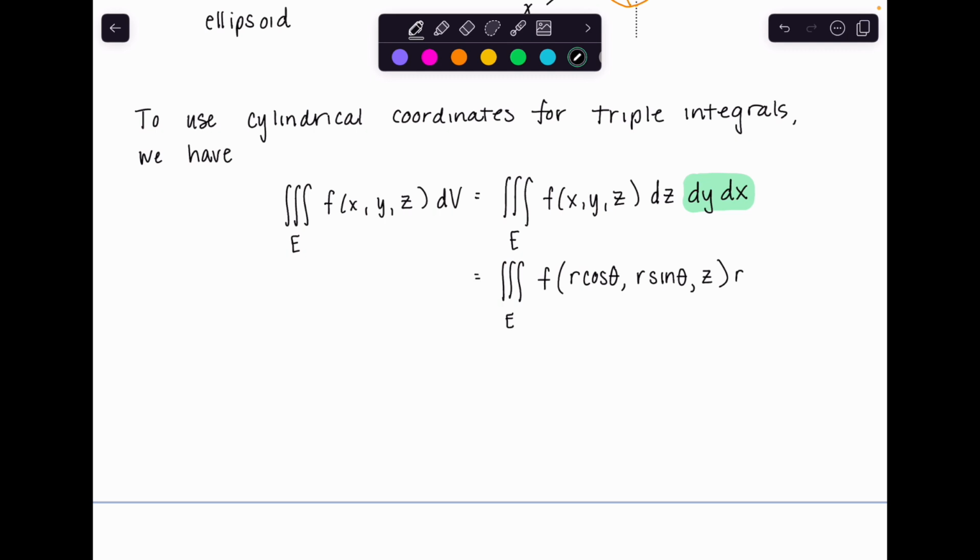So you're going to get an extra r in here. dz does not change. And then you integrate with respect to r and theta. So these switch over exactly the same way. Okay? So basically what you're doing here with cylindrical is your dv is going to switch over to r dz dr d theta.